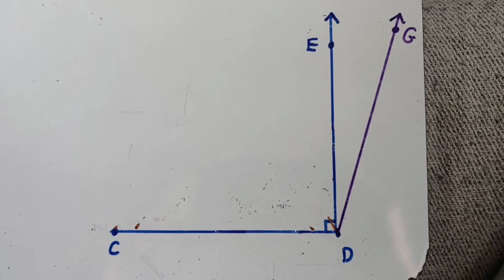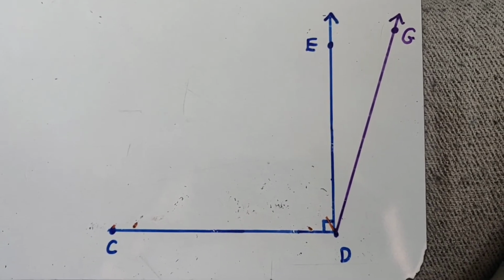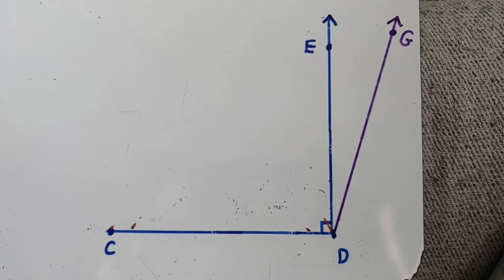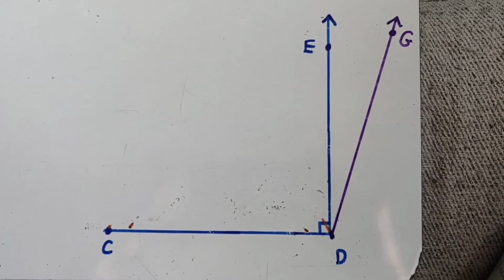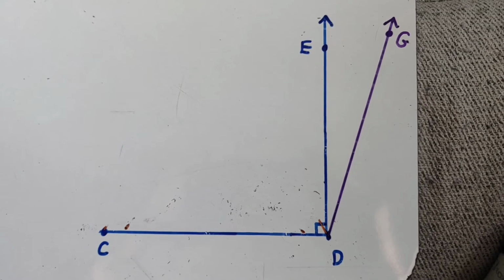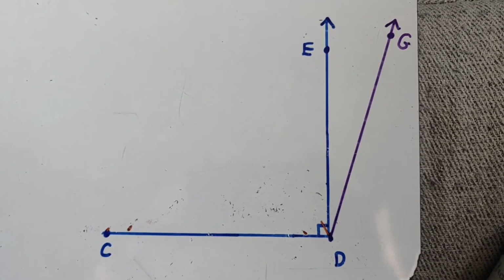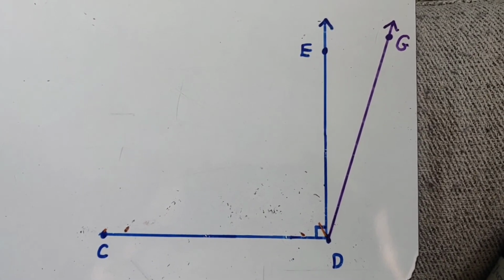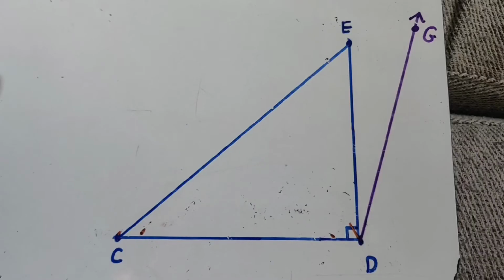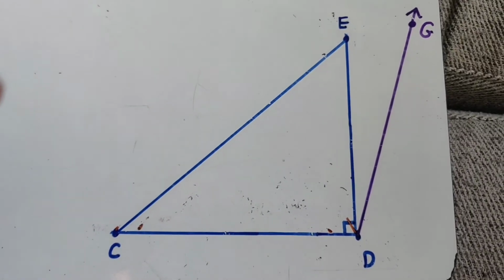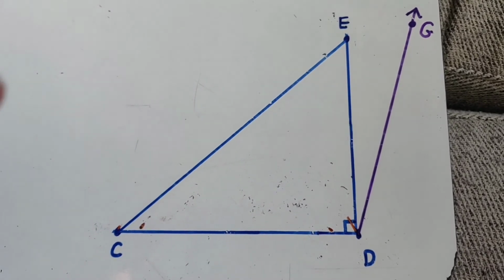So now I'm going to focus on angle CDE. We already figured out earlier that was a right angle and therefore 90 degrees. I'm going to connect points C and E and form a triangle that way. So now I can see triangle CDE there.